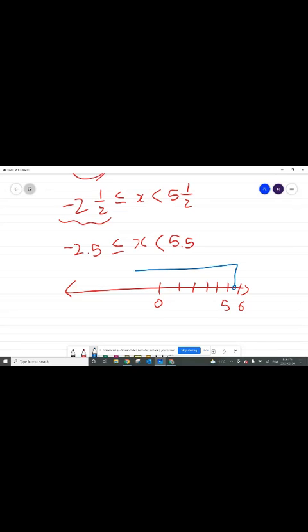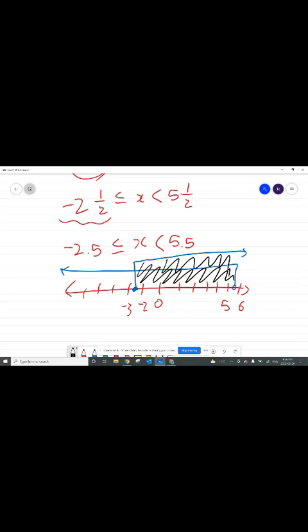I'm starting with the bigger boundary this time, and then the small boundary. Again, order doesn't matter, as long as you know what circle you're using, empty circle or solid circle. And the solution is between these two, the overlapping section, if you will.